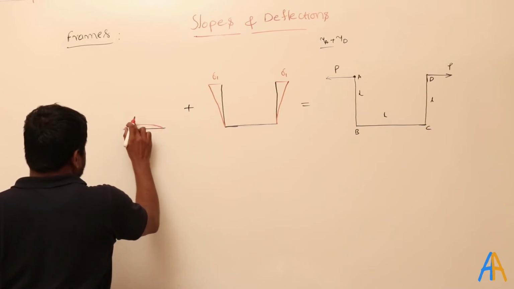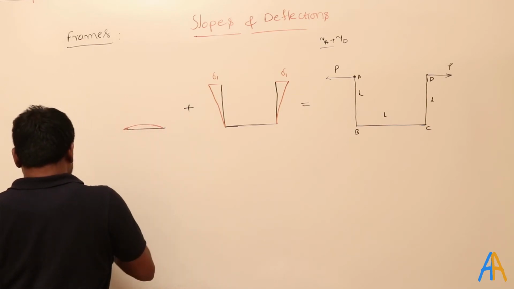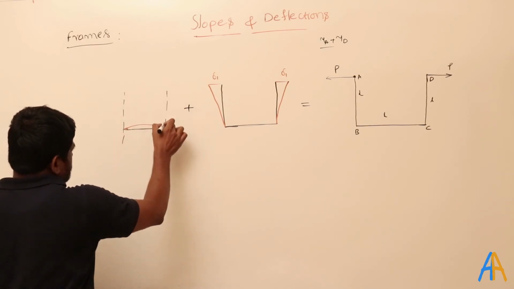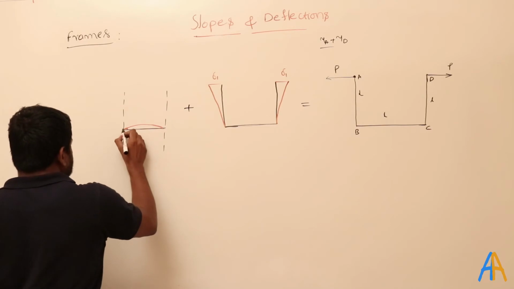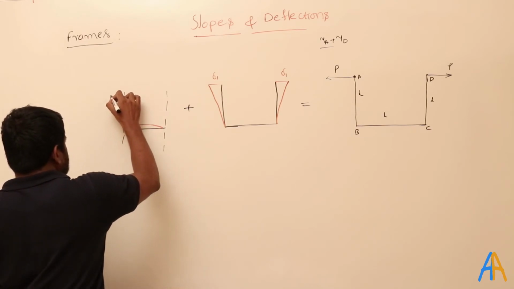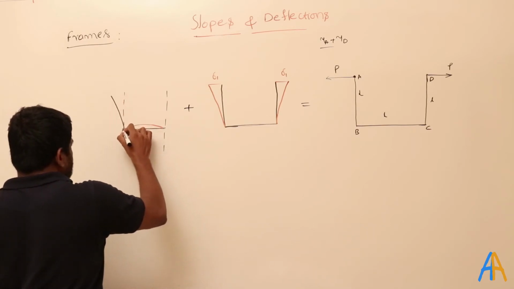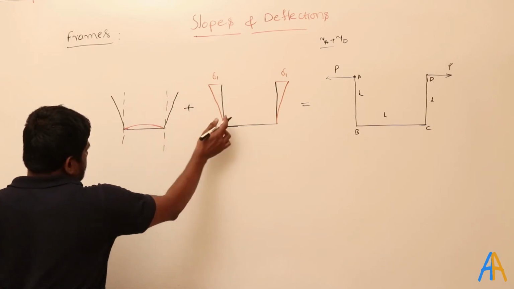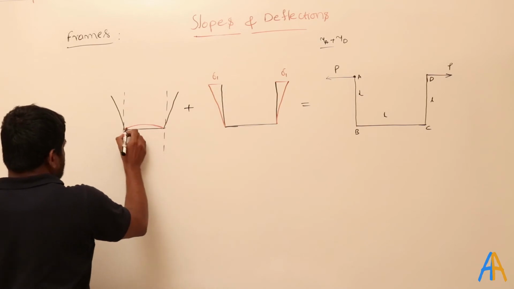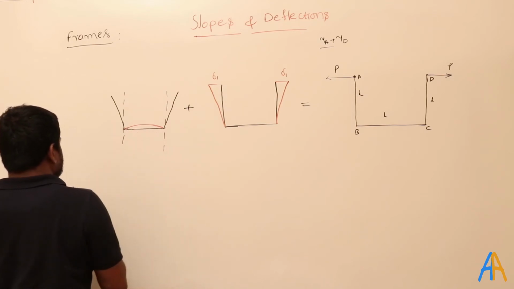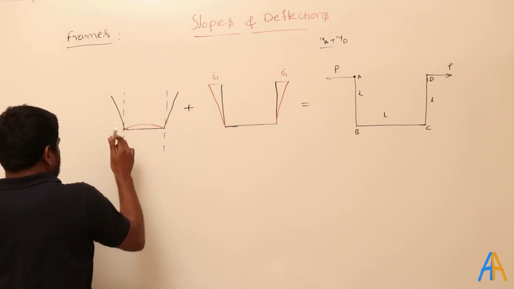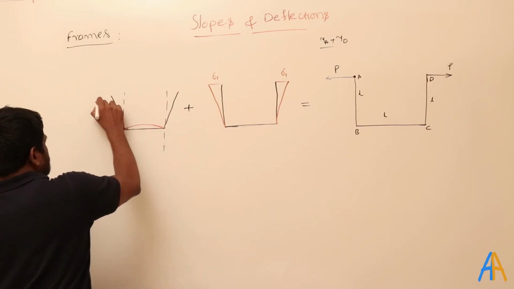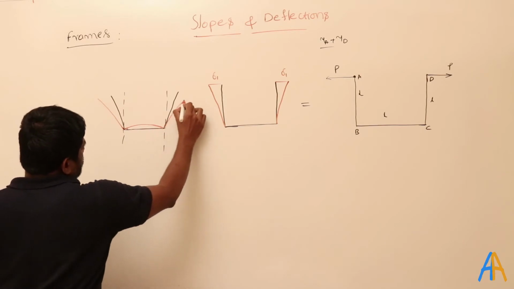See, this is the horizontal, this is the vertical, and this is the vertical. Previously it was like this, but when it bent, the vertical also automatically goes like this.